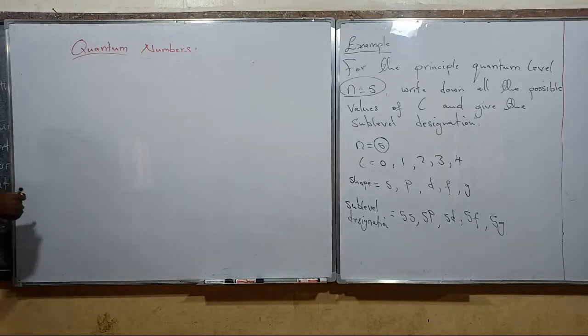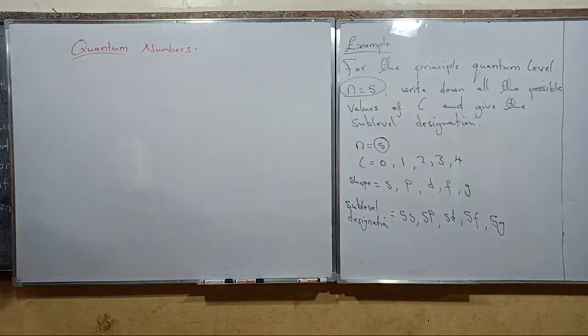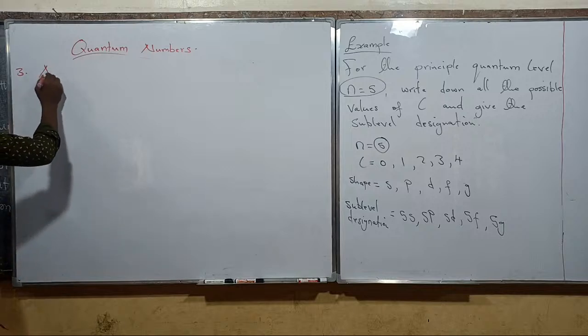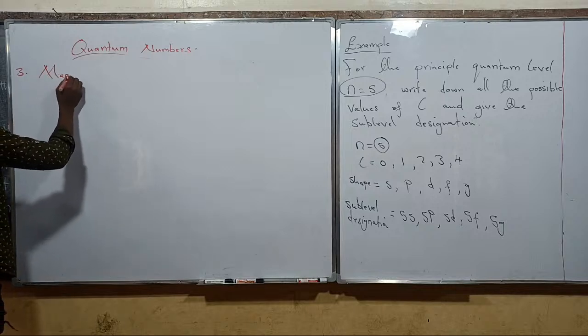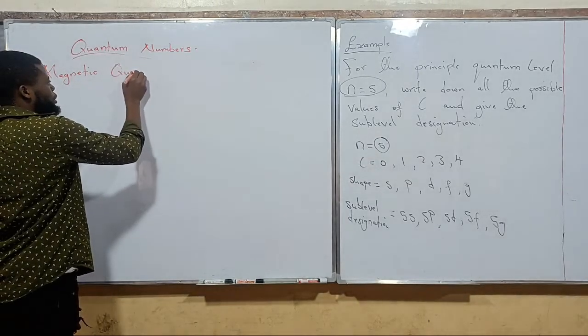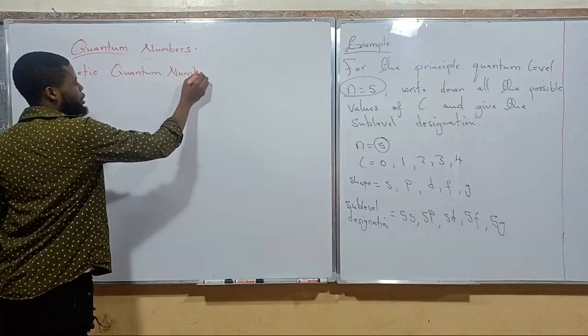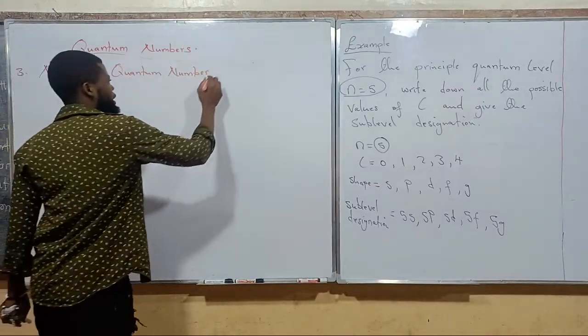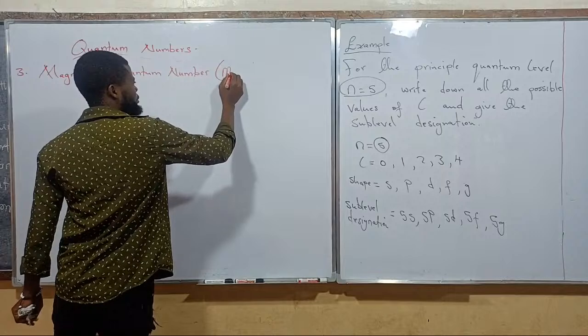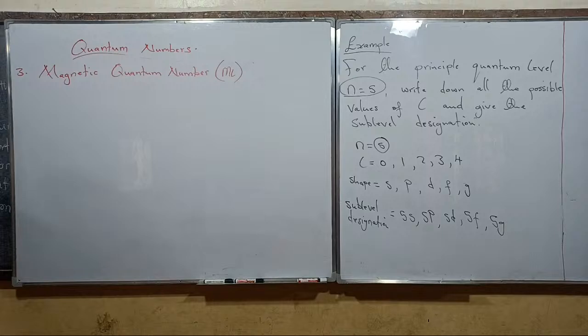Okay, so quantum number 3. The third quantum number is called the magnetic quantum number, denoted by ML. What does it represent?